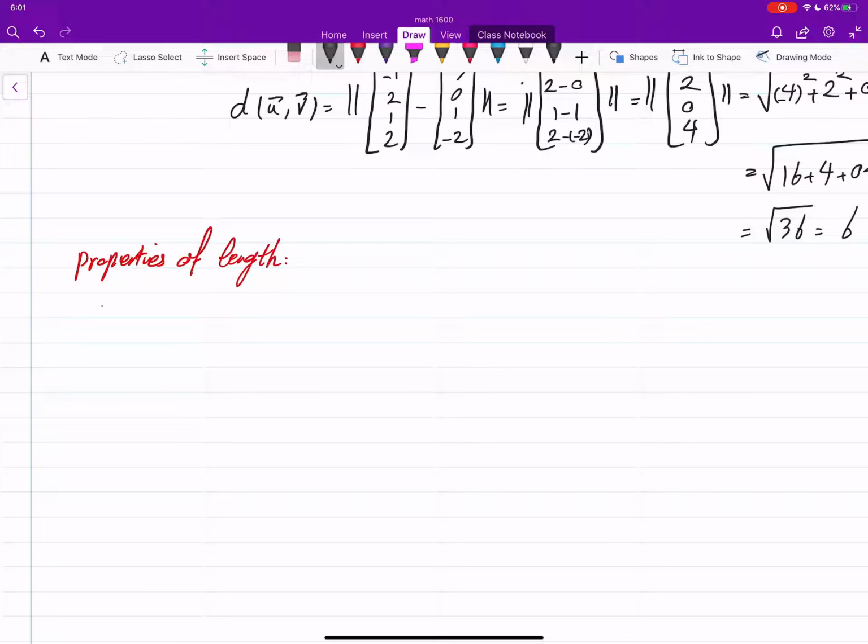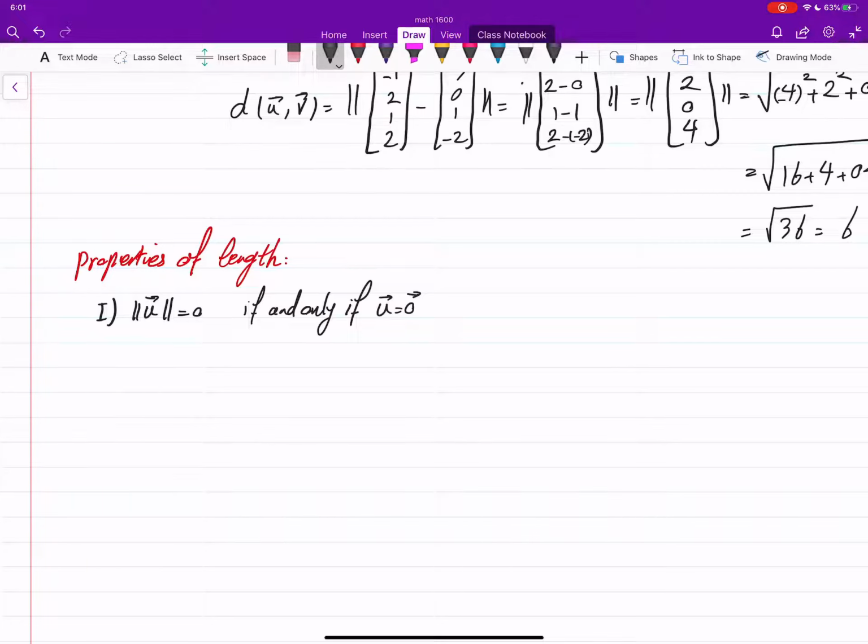So these four things will be related to that. First thing, this is something we proved: the length of a vector is 0 if and only if the vector itself is the 0 vector. In other words, all vectors will have non-zero length unless that vector is equal to the 0 vector.